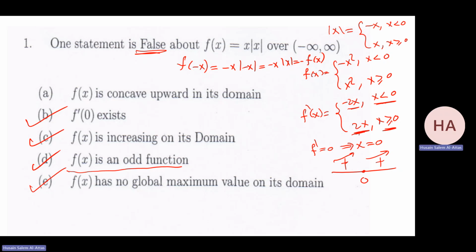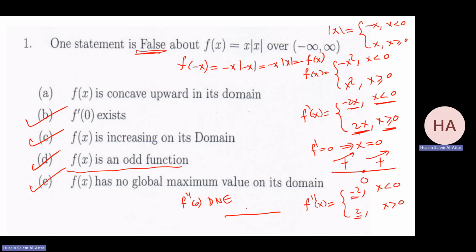Okay, the last thing is f of x is concave up in its domain. Let us find f double prime. F double prime will be what? Minus 2 if x is negative, 2 if x is positive, but at 0 f double prime does not exist. So when I do the number line, it cannot be 0.